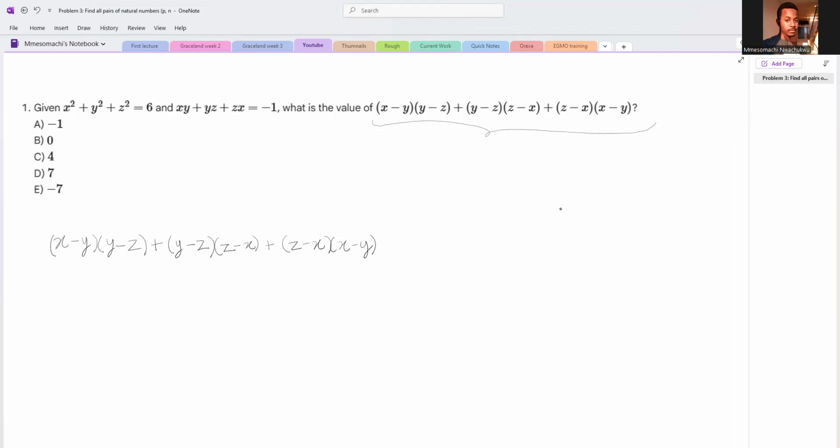Our hope is that when we expand this expression out, we should have x squared plus y squared plus z squared somewhere, and we should have xy plus yz plus zx somewhere.